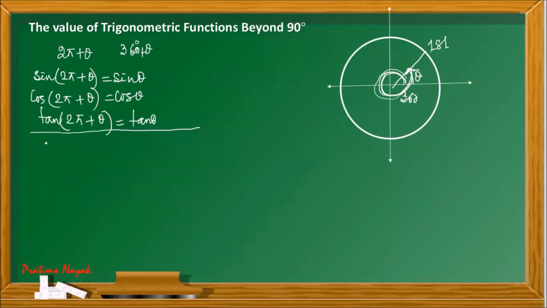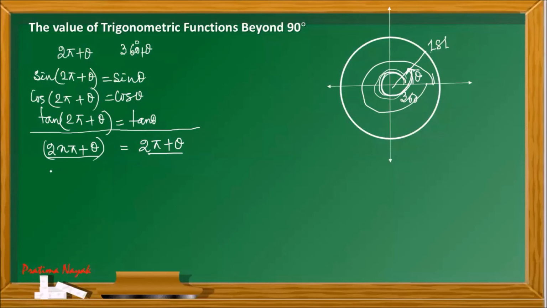That means if it is 2n pi plus theta, where n is any integer, it may be positive, it may be negative. If it is negative, I am going in this direction, because it remains same. So 2n pi plus theta is same as your 2 pi plus theta. So this formula helps you to find all the angles up to, you can say, infinity.